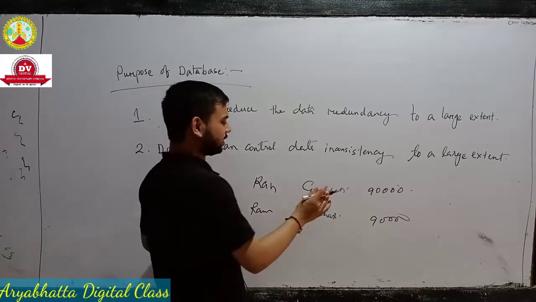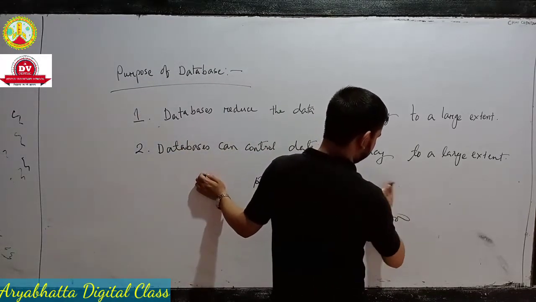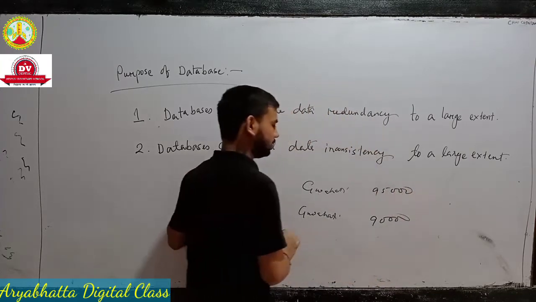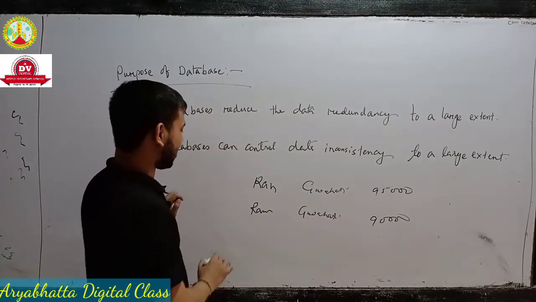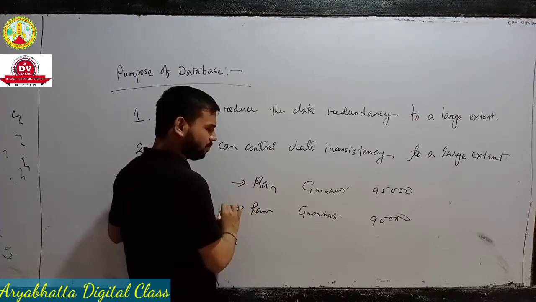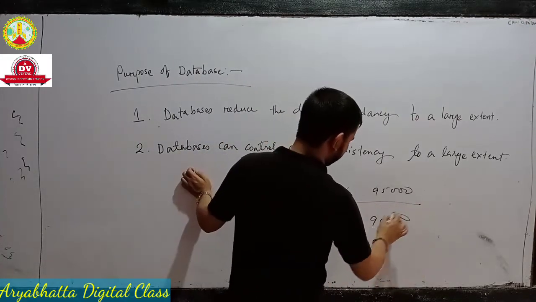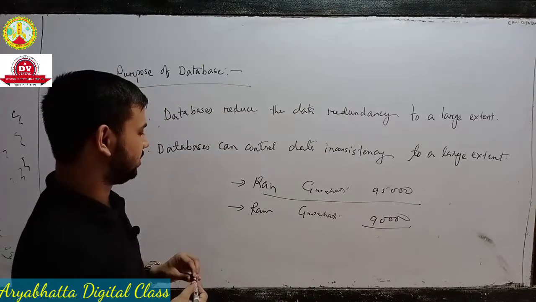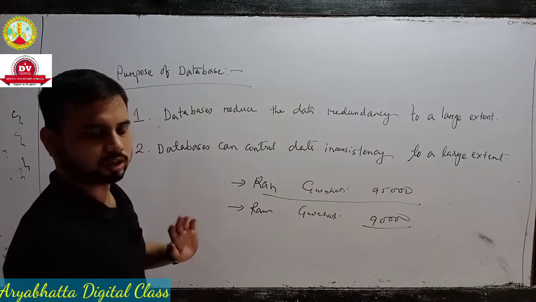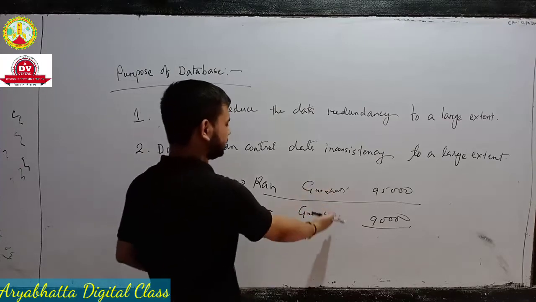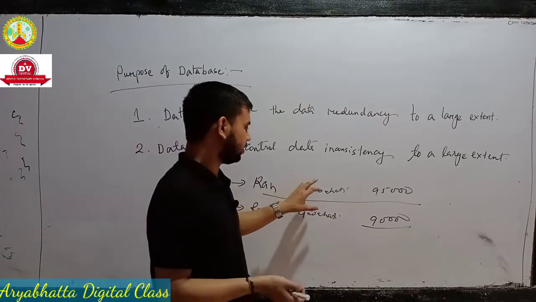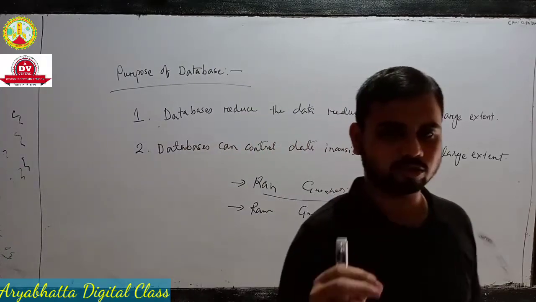But when you update the information, suppose you update this one, the same person updates this information, but here the update does not happen. So what is true? Now which one do you take as true? This is true, this is true. Understood? The concept is when the database cannot control redundancy.